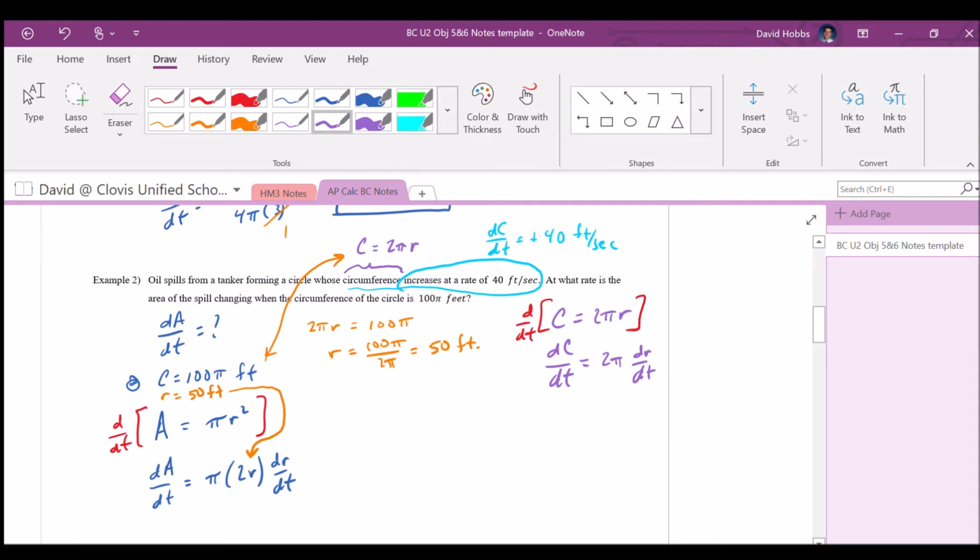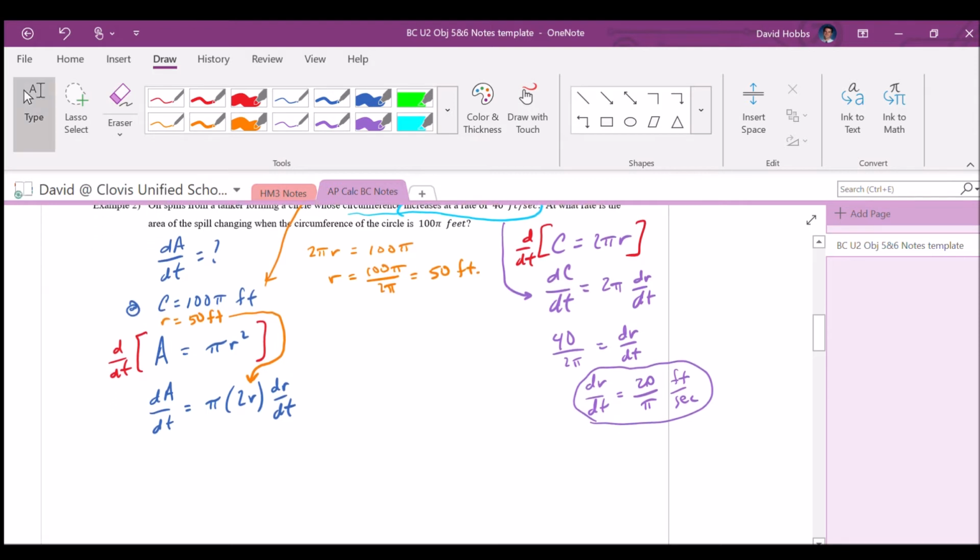So we can plug in the 40 here, and divide by 2 pi, and that's the dr/dt. And so dr/dt is 20 over pi feet per second. Okay, and so we're going to take that dr/dt and plug it into the dr/dt that we don't know over here. So now we can actually finish the problem.